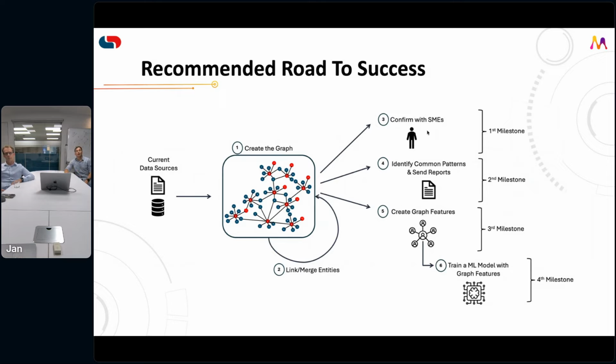Now, if you have done this and the SME is happy with using the graph, well done, you've achieved your first milestone. After that, you would start identifying common patterns with the help of Memgraph Lab, which is really nice, especially the visual aspect of Memgraph.